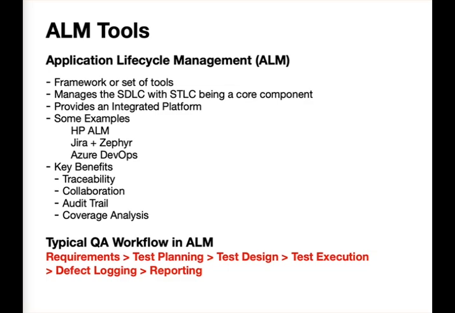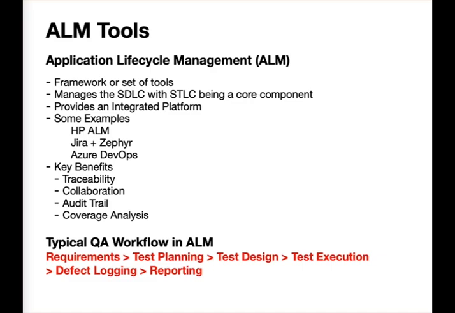So if you have a certain set of things that you need covered within this project or the sprint cycle, it gives you an analysis of how far you've reached, where are your loopholes, what needs to be met, which are the untested requirements, and helps you to manage all of these throughout the project life cycle.